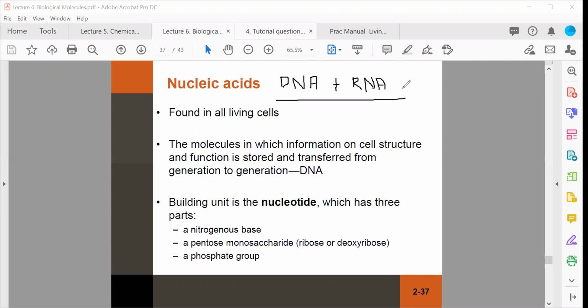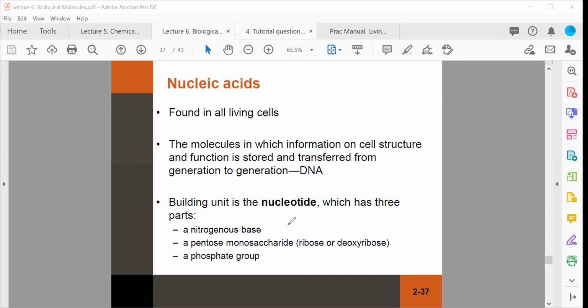DNA, very simple molecule, and yet it contains all that code, all that information that will determine whether the offspring is going to be a plant or an animal or a bacterium. That's absolutely amazing. And when you learn all about DNA, you'll see how amazing it is.